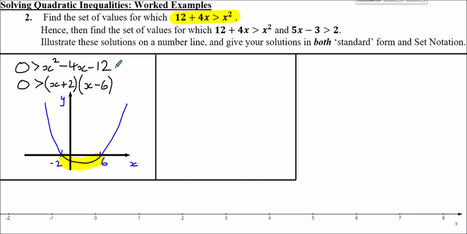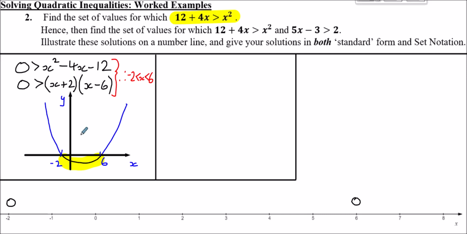So therefore we see x must be between minus 2 and 6. So if I were to label this on the number line, it'd be between -2 over here and 6 at this end.